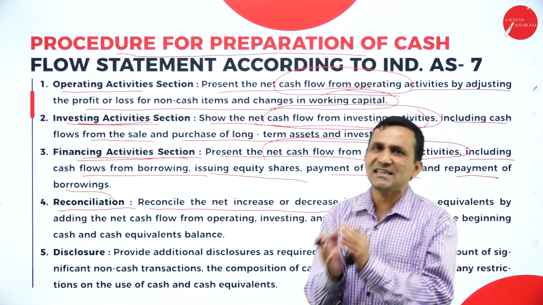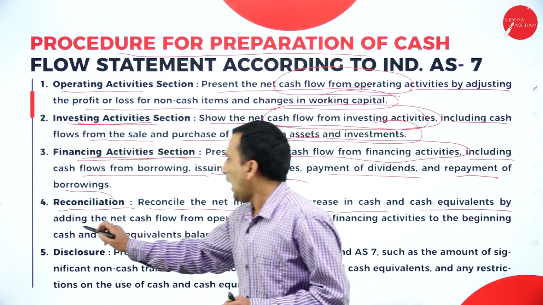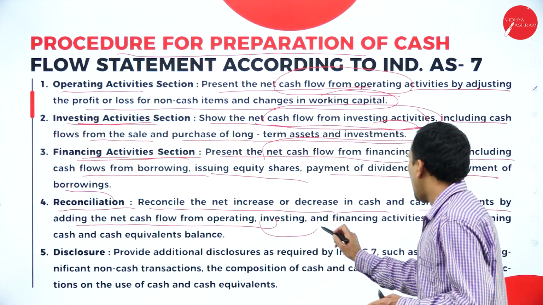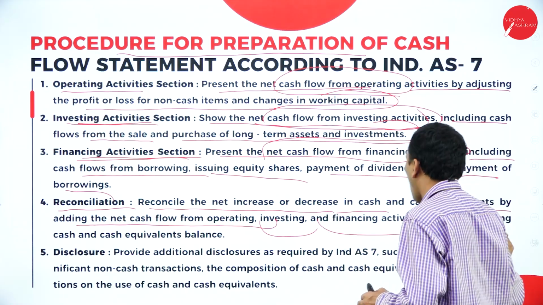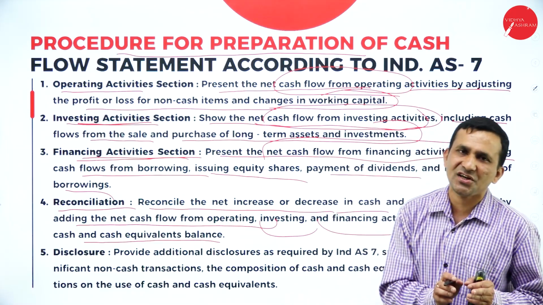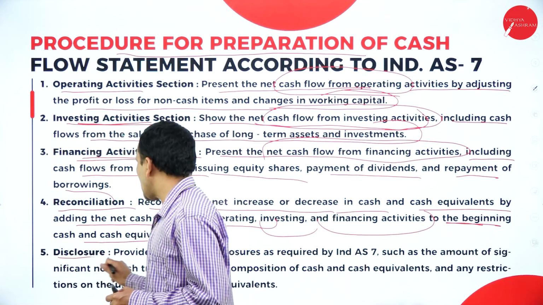So current assets increase, current liability decrease, the cash equivalent by adding the net cash flow from operating, investment and financial activity to the opening cash and cash equivalent balance, which is given in the question. So easily we need to adjust. Next one, disclose.